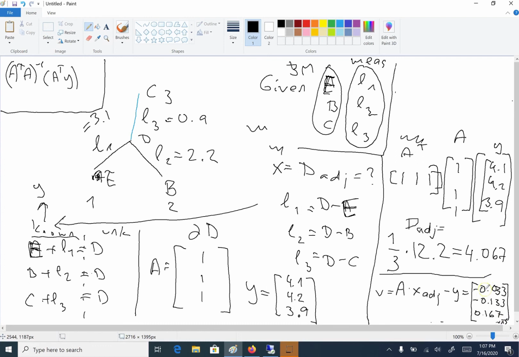So these are our three residuals when we substitute back our adjusted value into our equations. It's always implied that there's a residual, and the residual is again the difference between the measured and the adjusted. V1 is our first residual, V2 is our second, and V3 is our third.